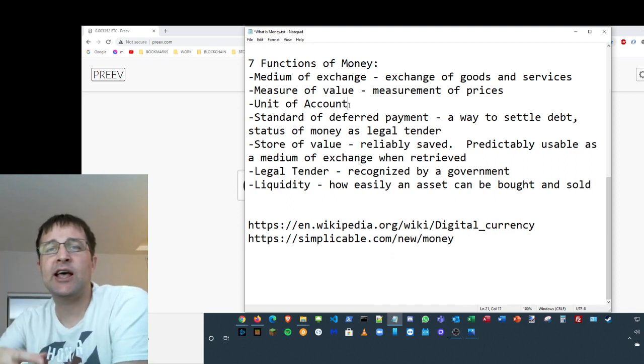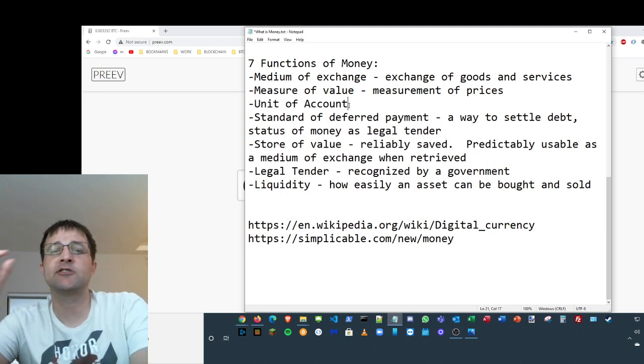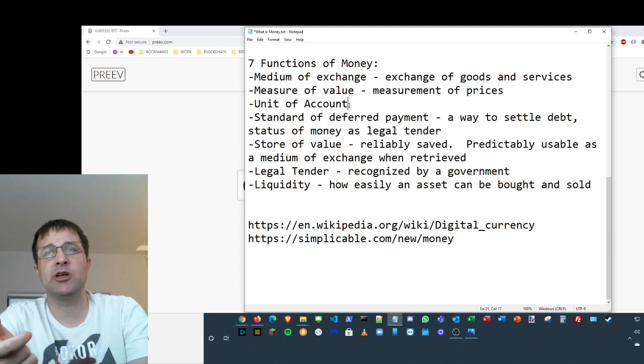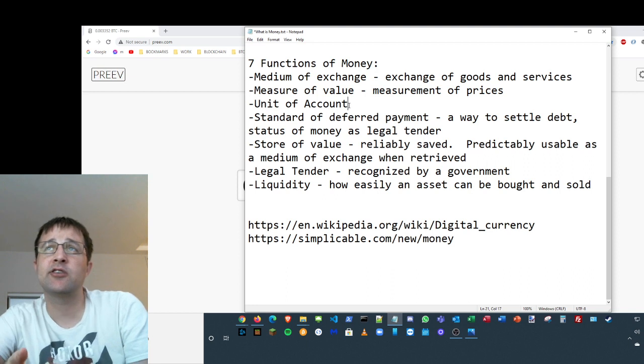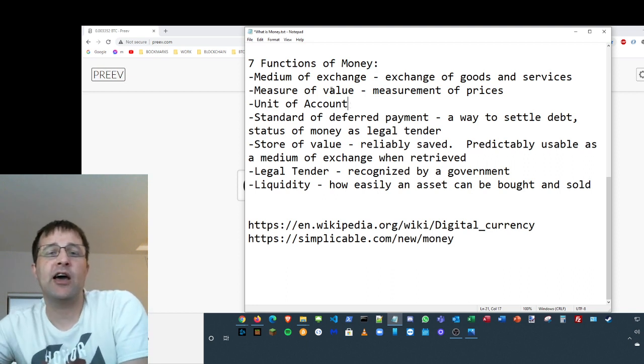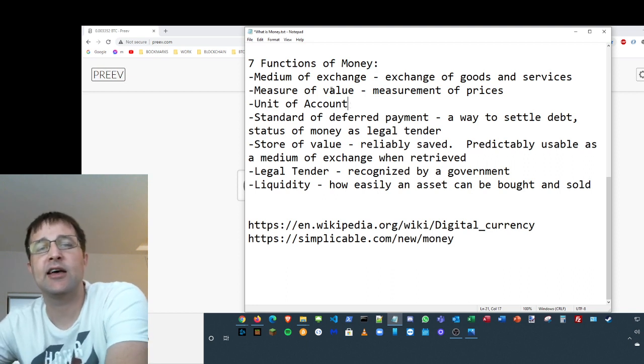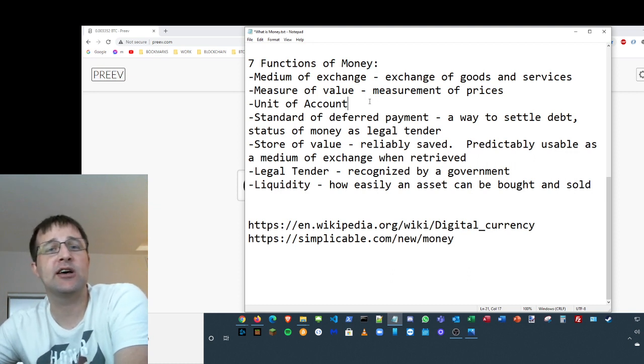Bitcoin has 8 decimal places, so the smallest unit of measurement for Bitcoin is a Satoshi. Unit of account is a little bit related to that. It's also related to a wallet and having a balance within Bitcoin. And Bitcoin does check off all those boxes.